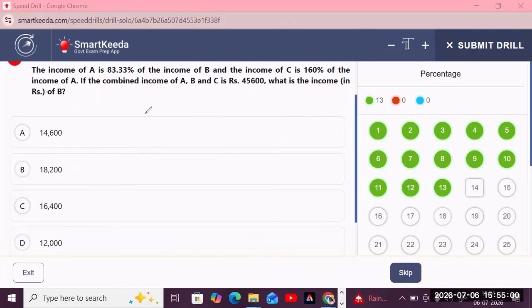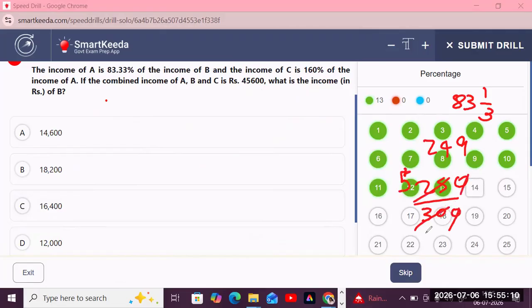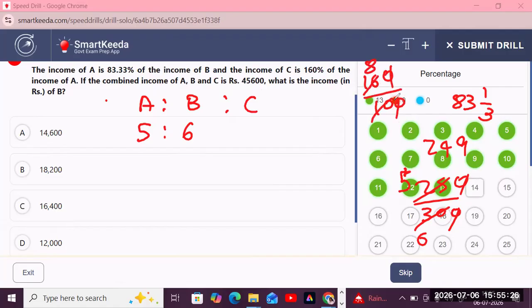Next, income of A is 83 1 by 3 is 250 upon 300 1 5 by 6 5 by 6 remember 80 becomes 80 to 5 by 6. The income of A is 5 by 6 of B and the income of C is 160 which is 8 by 5 of A. 8 by 5 of A. In 5 already have now taken.